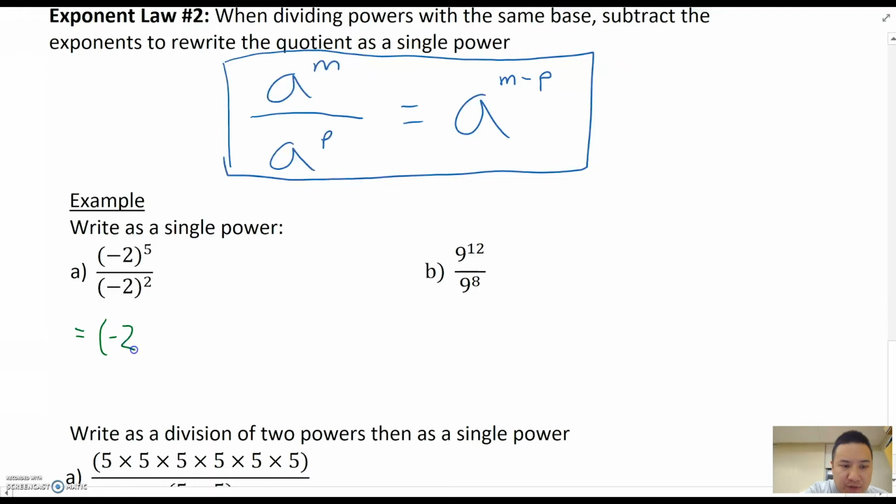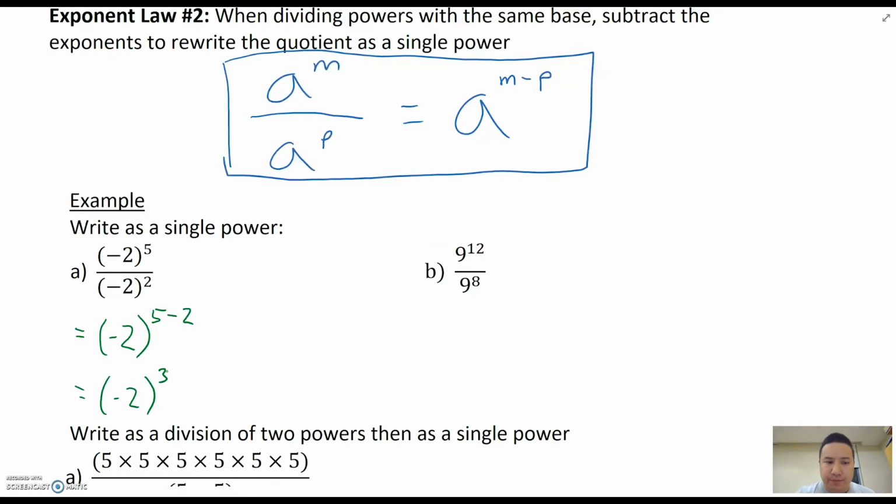It's still going to be negative 2. And if we apply the exponent law, we see that we're dividing powers of the same base. We just subtract these exponents. So my new exponent is going to be the result of 5 minus 2. And 5 minus 2 is 3. So this will ultimately turn into negative 2 to the power of 3.